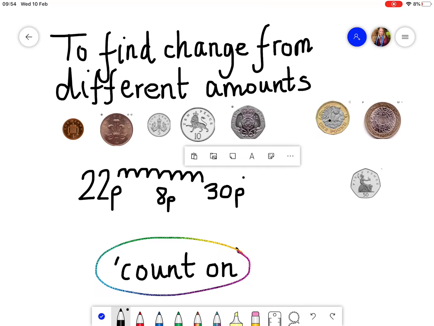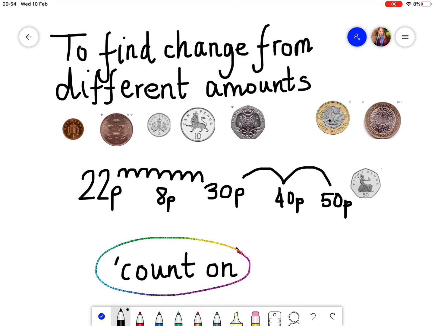We could do 30p, 40p, 50p. So that was 20p between 30 and 50, and 8p between 22 and 30. So we're then going to add our totals, add 8 and 20 to get 28p.